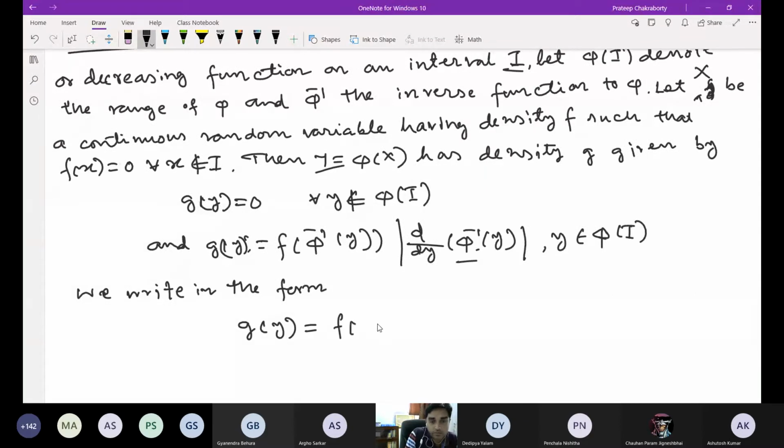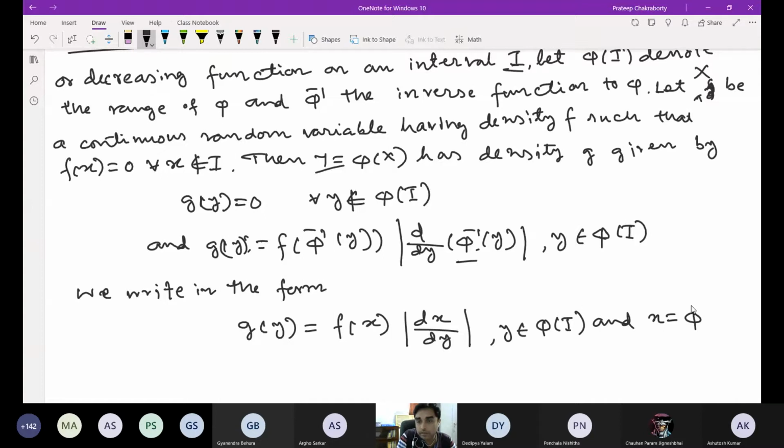g(y) is equal to f of x times the modulus of dx by dy for y belonging to phi(I), where x is equal to phi inverse of y.